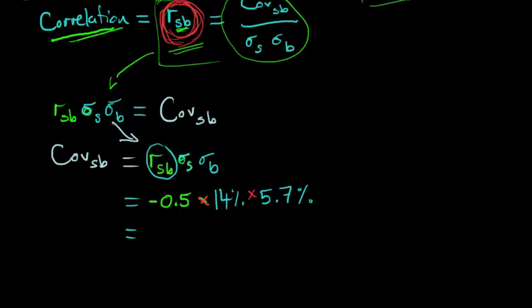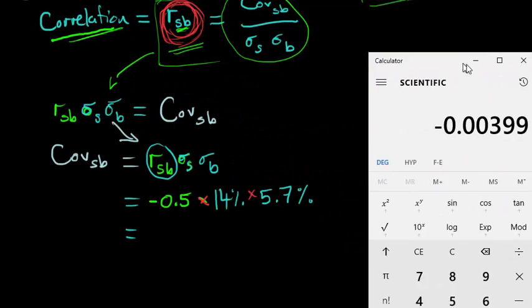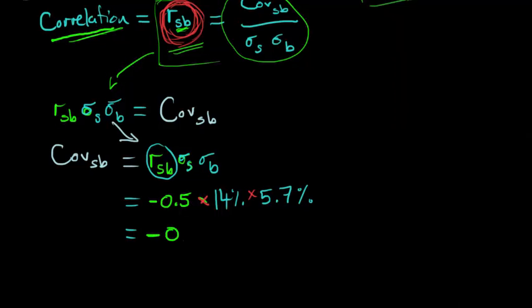And so if we work through the numbers now, we've got negative 0.5 multiplied by 0.14 multiplied by 0.057 gives us a covariance of roughly negative 0.00399.